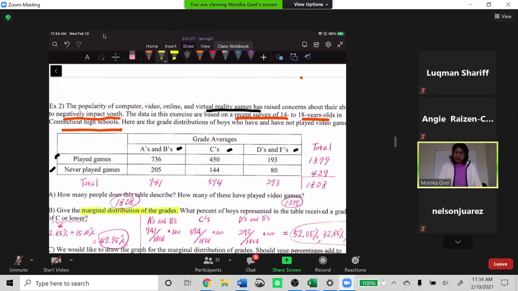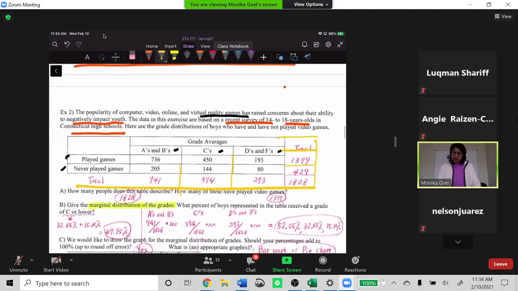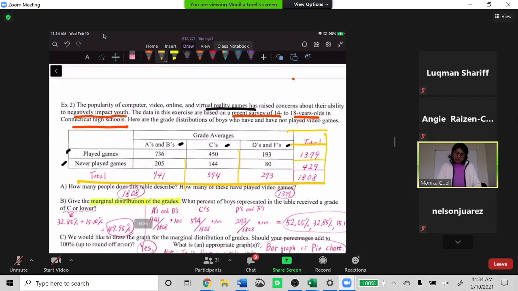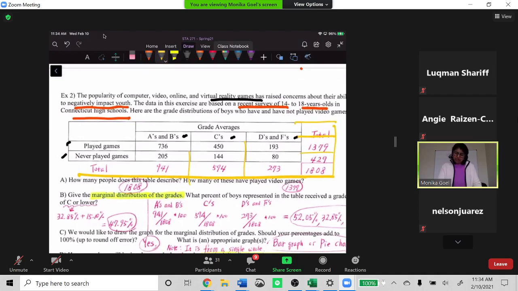So now, as mentioned, first create an extra row and an extra column. Sometimes it's given to us, sometimes not. So we will create that and then do the total. Once you're done with the total, what do you need to do? You need to do your four-step process: state, plan, solve, and conclude. So let's see what it says first. How many people does this table describe, and how many of these have played video games?